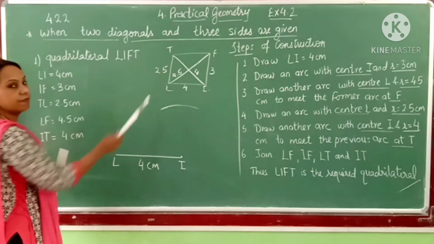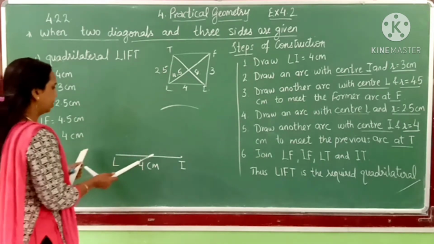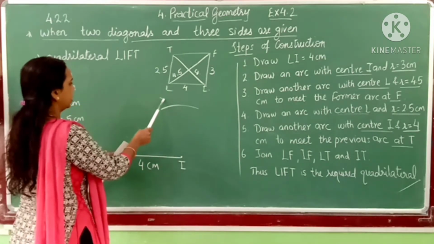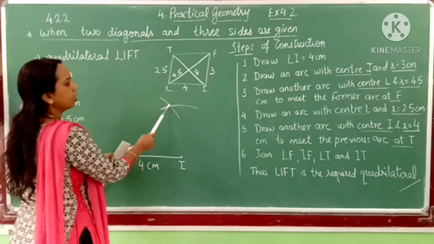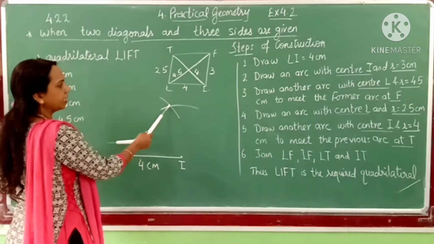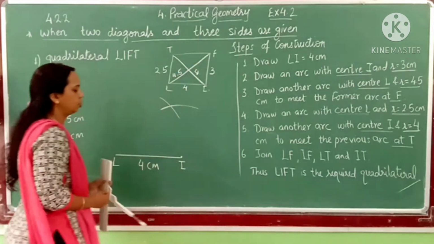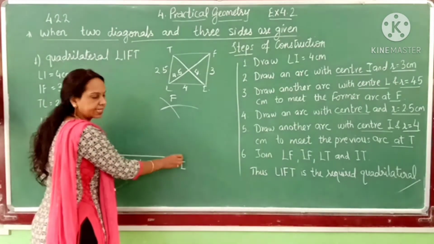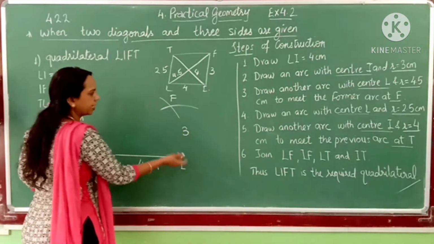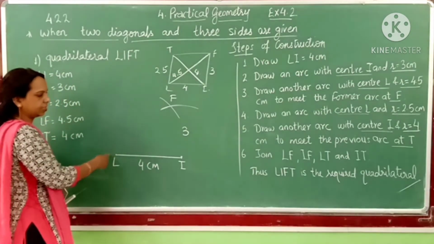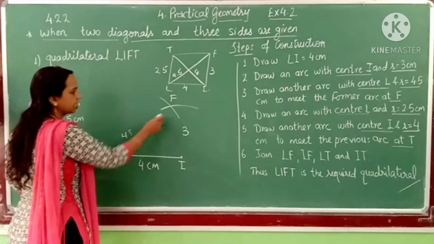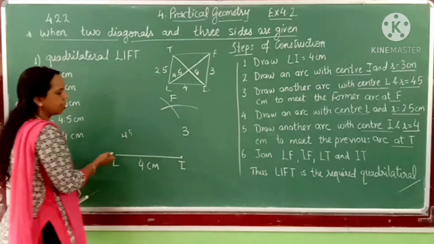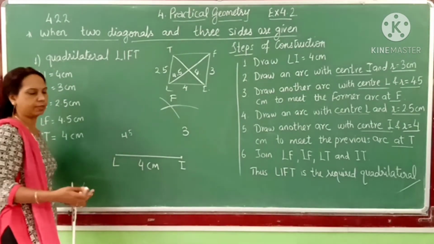We cut the former arc at point F. So here is our point F. So first we take I as the center and draw an arc with 3 centimeter radius, and afterwards we take L as the center and with 4.5 centimeter radius we cut an arc over here. Now you can join the line segments IF and LF or you can move further on.